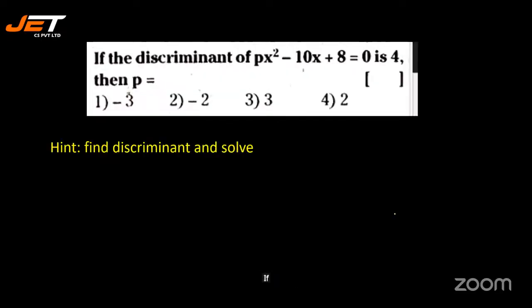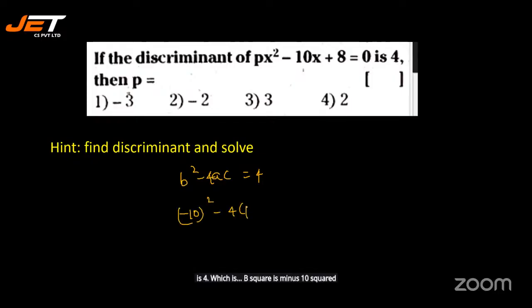If the discriminant of px square minus 10x plus 8 is equal to 0 is 4. So this is simple, isn't it? Find the discriminant means b square minus 4ac. Right? So then you need to find out the value of p. So he says b square minus 4ac is 4, which is minus 10 square minus 4 into p into 8 is 4.